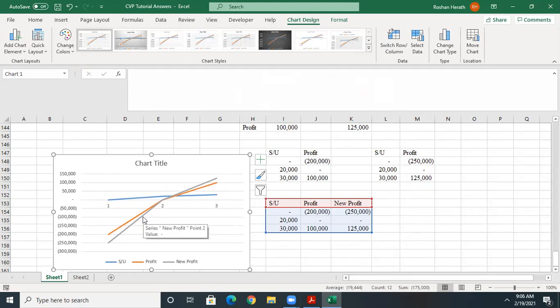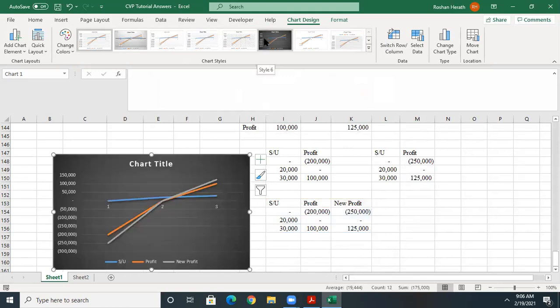What is that? It's not what I have intended. Says unit has come over there.